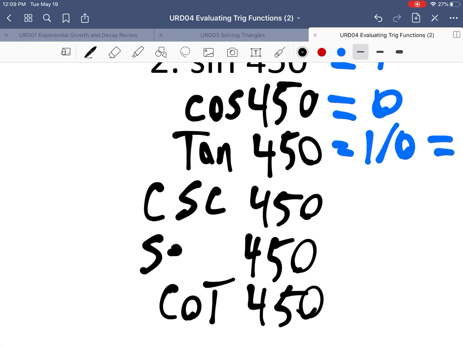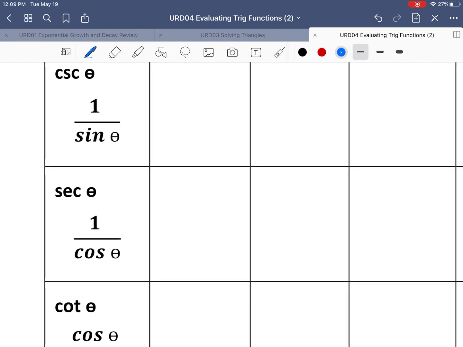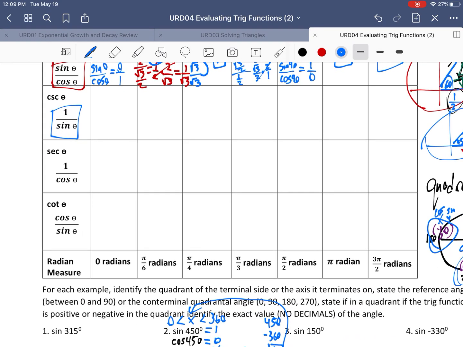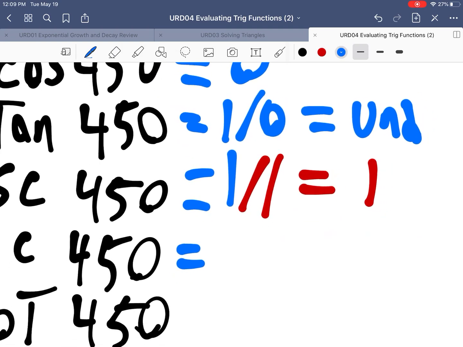It's cosecant first, because cosecant is a reciprocal of sine, and secant is a reciprocal of cosine. So just as a reminder, the cosecant is the reciprocal of sine, so 1 divided by sine. So this is going to be equal to 1 divided by the sine of 90, which is 1, so that's also going to be 1.